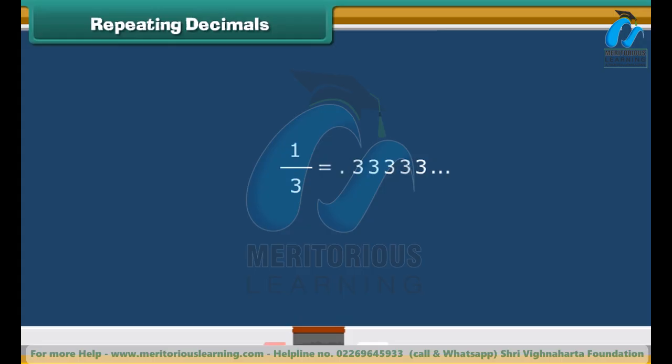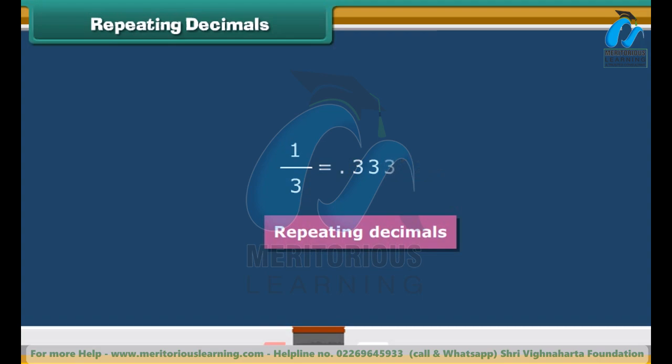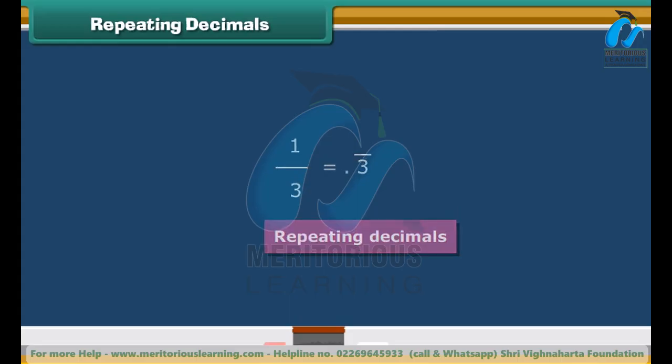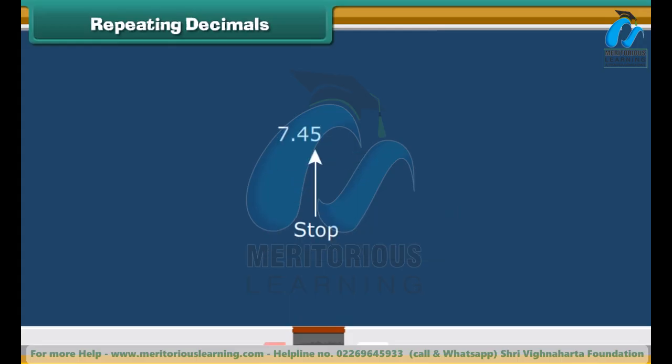So these decimals are termed as repeating decimals. You can round off the number after the 3/10 or 300, but it is more accurate to put a line over the last number. This line indicates that the number keeps on going. And the decimals that stop are called terminating decimals.